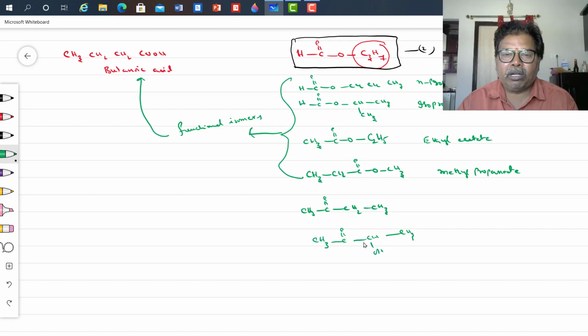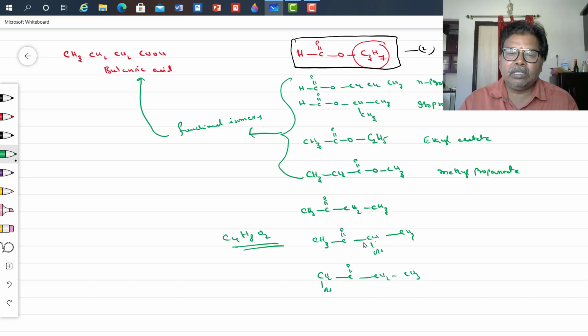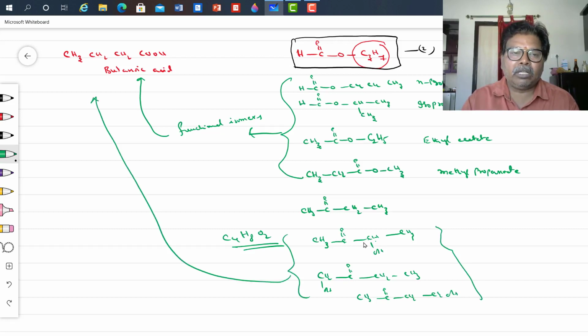If you compare the molecular formula, C4H8O2, right? Similarly, you can write many structures. Like this, CH2OH, C double bond O, CH2CH3. Similarly, CH3, C double bond O, CH2, CH2OH. All these are again functional isomers of butanoic acid. Clear?